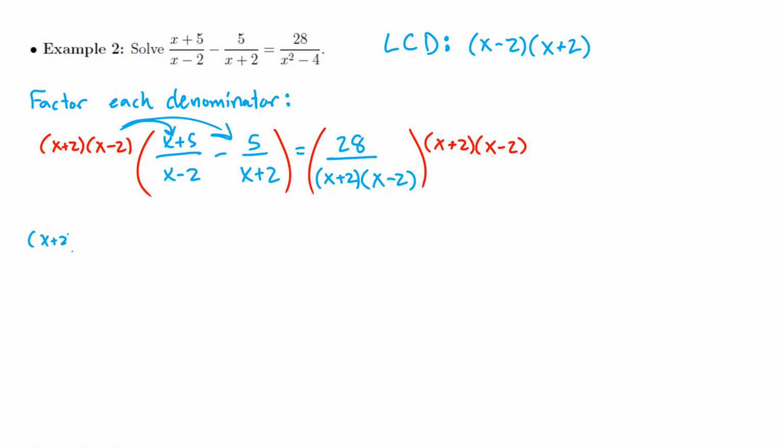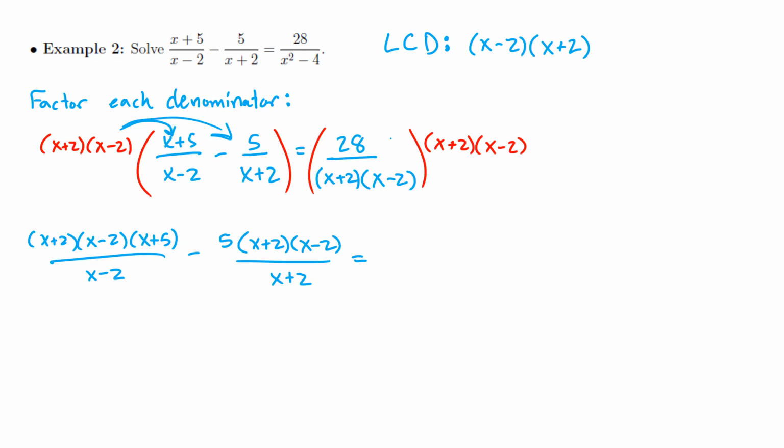It's x plus 2 times x minus 2 times x plus 5, all divided by x minus 2, and then 5 times x plus 2 times x minus 2 all over x plus 2 is equal to, now this one there's only a single term on the right side, so I feel pretty comfortable going ahead and doing my canceling right now since there's just a single term. So all of that cancels out, so I'm left with just a 28 on the right side.